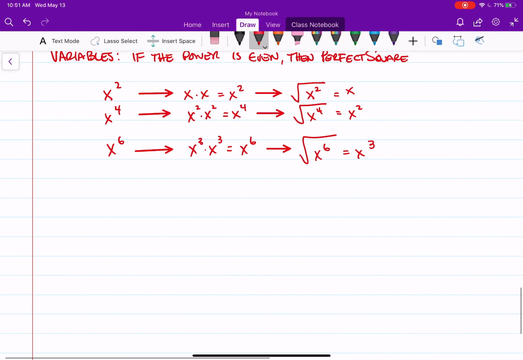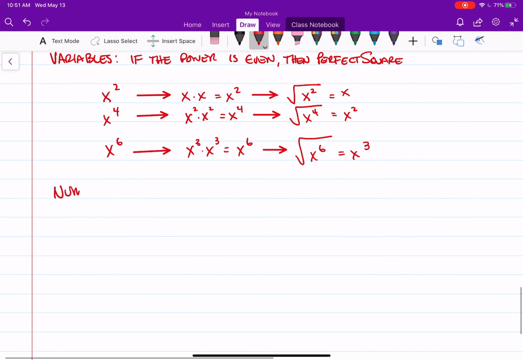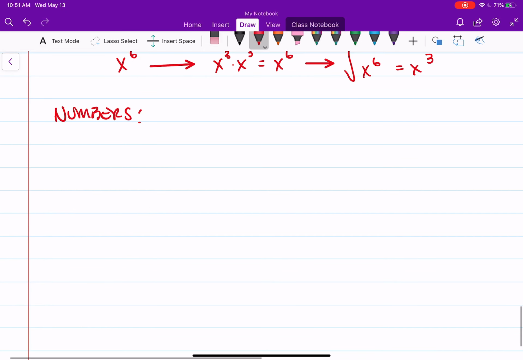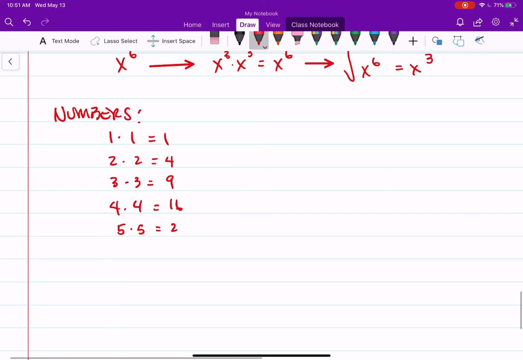variables. How about for numbers? Okay? For numbers, so 1 times 1 is equal to 1, so 1 is a perfect square. 2 times 2 is equal to 4. 3 times 3 is equal to 9. 4 times 4 is equal to 16. 5 times 5 is equal to 25.